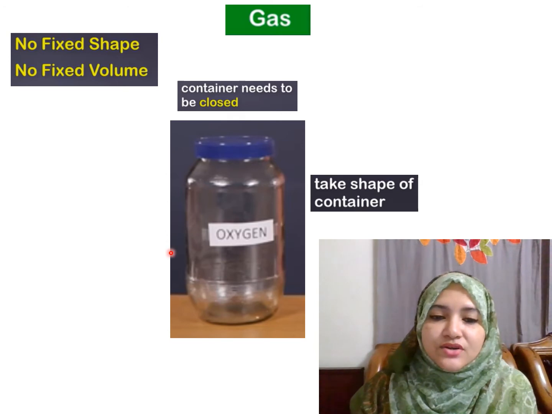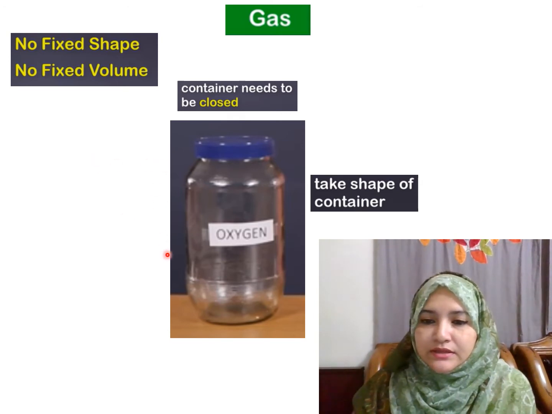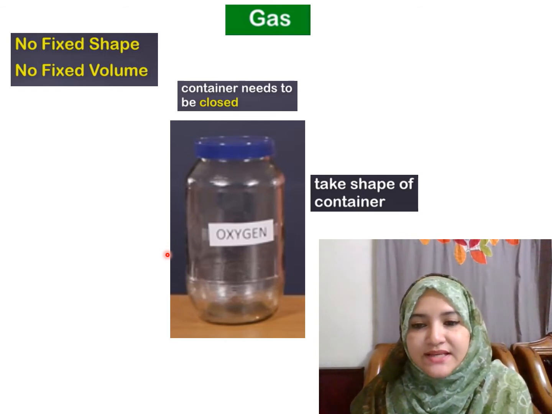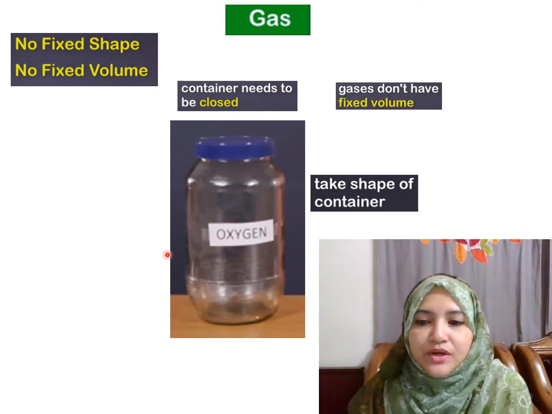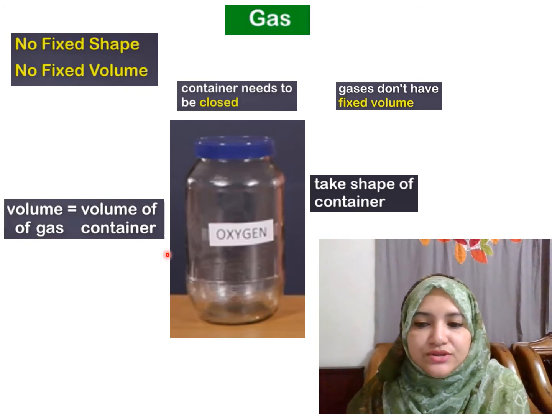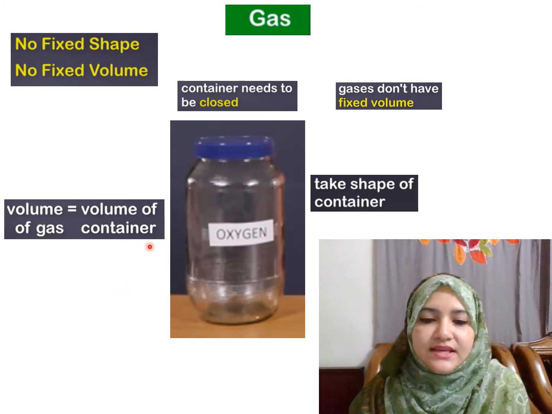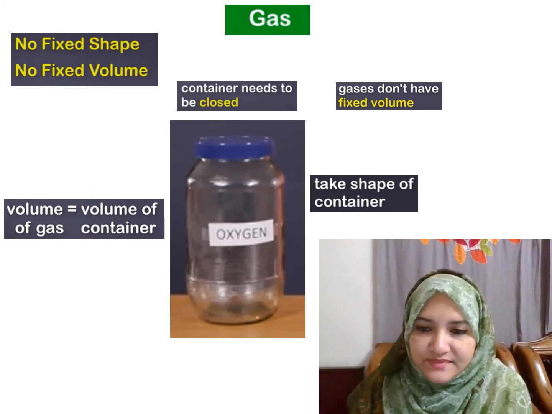Liquids have a fixed volume, but gases don't even have a fixed volume. The volume of the gas is the volume of the container.